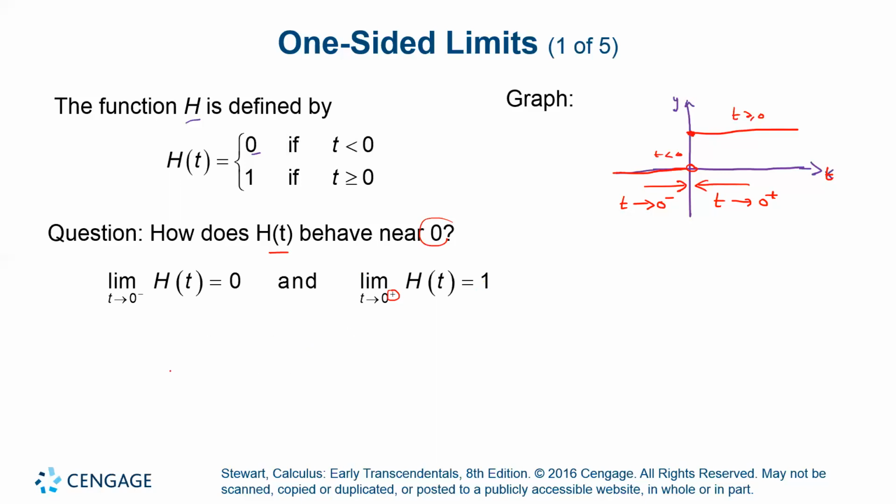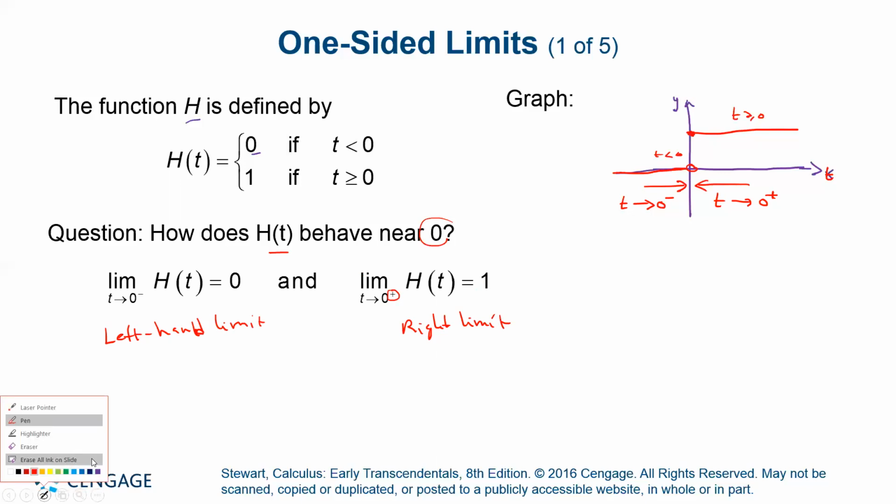These are the limit values. And this is what we call, we'll define this later, the left-hand limit, and this will be the right-hand limit. Let me change my color. So, left-hand limit and right-hand limit. Now, in this case, you see that they are not equal.